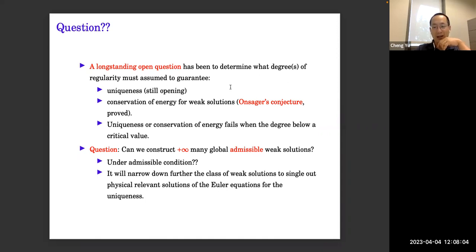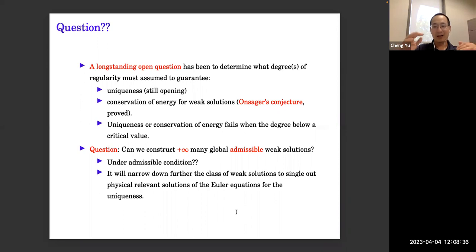On the other hand, when the regularity is below a particular critical value, the uniqueness and energy conservation may fail. That motivated us to consider: can we construct non-unique weak solutions, or infinitely many weak solutions?